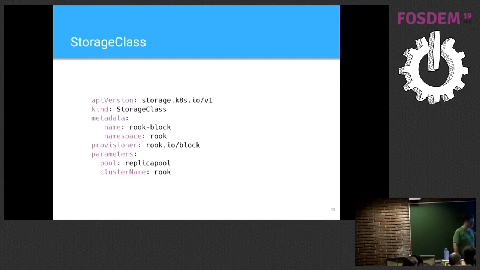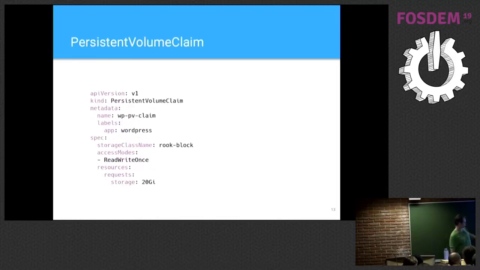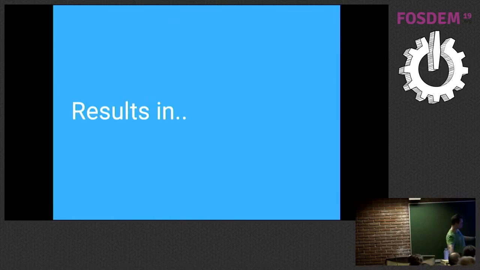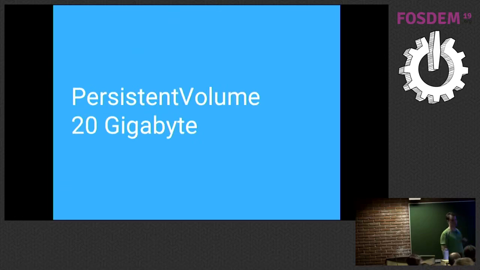The provisioner will be called if you create a volume now, a persistent volume claim. If it matches this storage class, if it has this storage class in it, Kubernetes will take care of talking with the provisioner and saying, hey, somebody requested 20 gigs of storage, for example. If you go one further, here is this example with 20 gigabytes of storage. And here we specify the storage class name, so we use the one we just saw. If we create this, this will result in 20 gigabytes of storage.